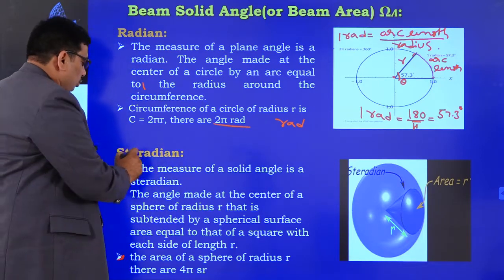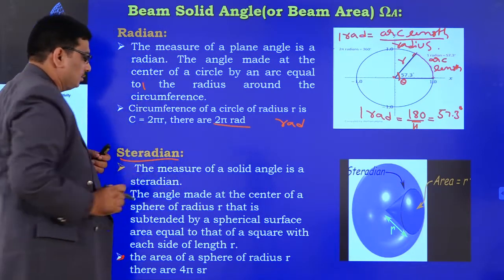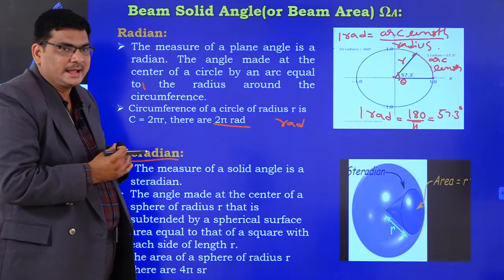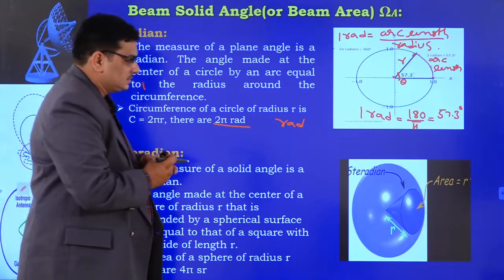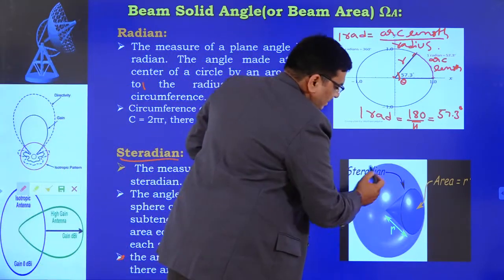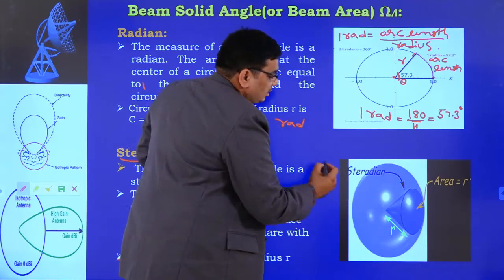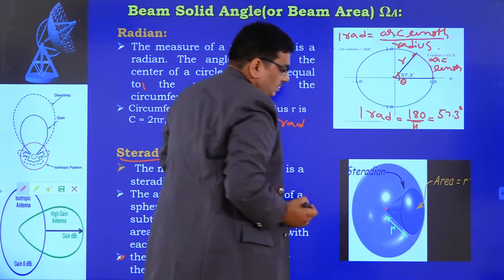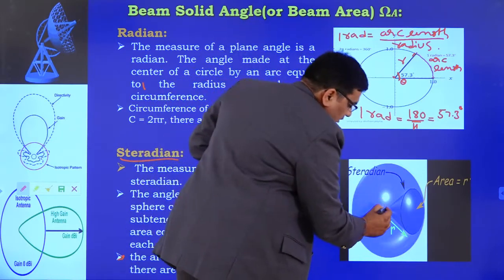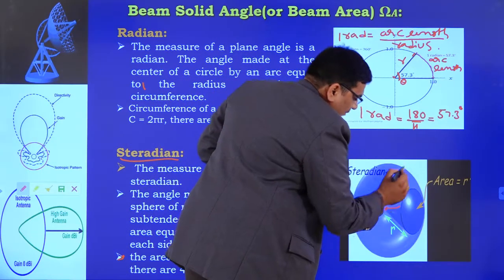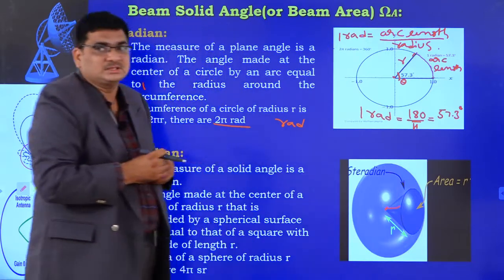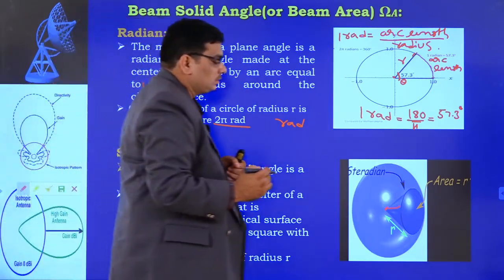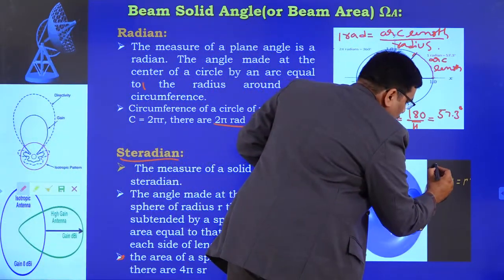Now, coming back to steradian, the measure of solid angle. Here also we take the angle from the center of the sphere and measure it to a surface of the sphere.